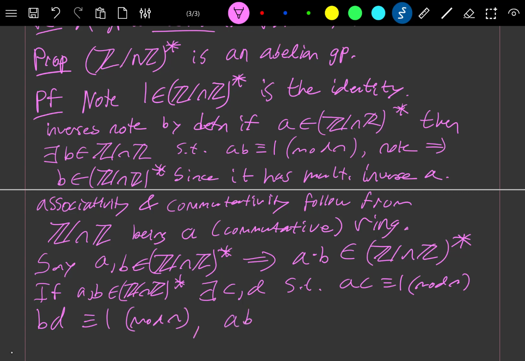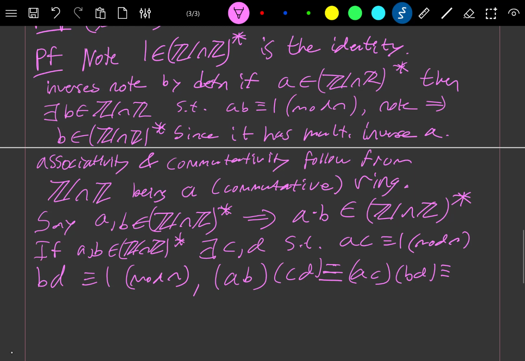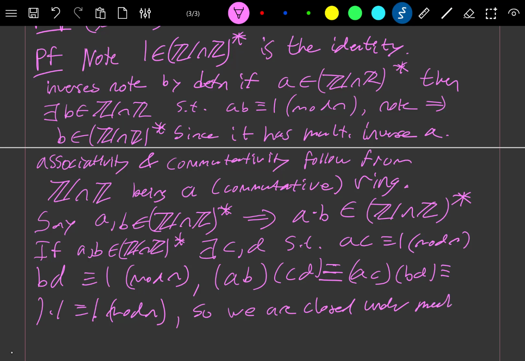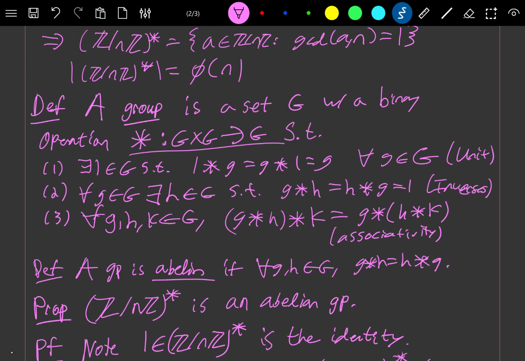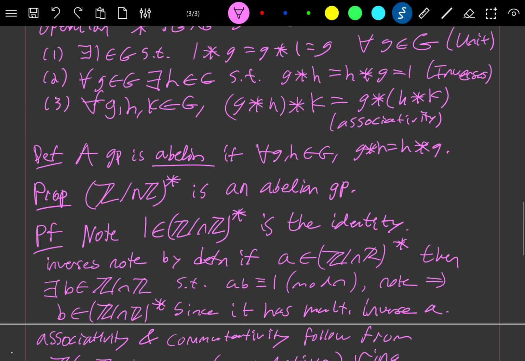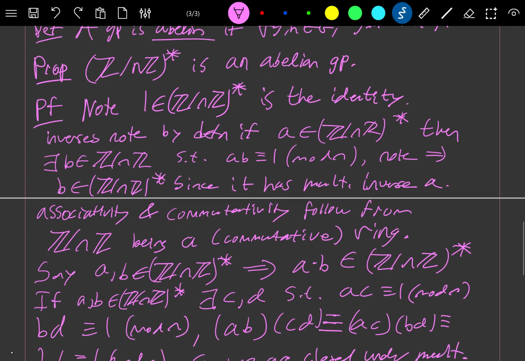So if we consider AB and multiply this by CD, this is the same as AC times BD, which is just 1 times 1, which is 1 mod n. So we are closed under multiplication. That's saying that multiplication is a binary operator on the group of units. Great. So we just showed that the group of units is an abelian group.